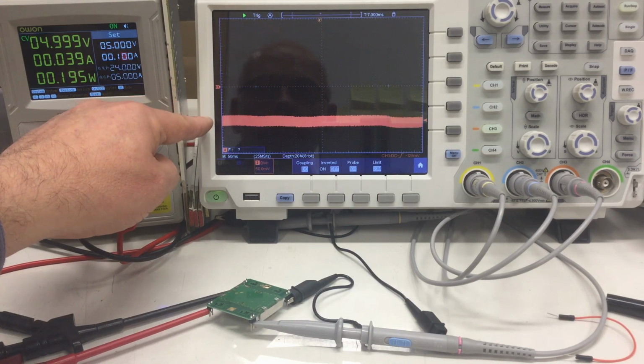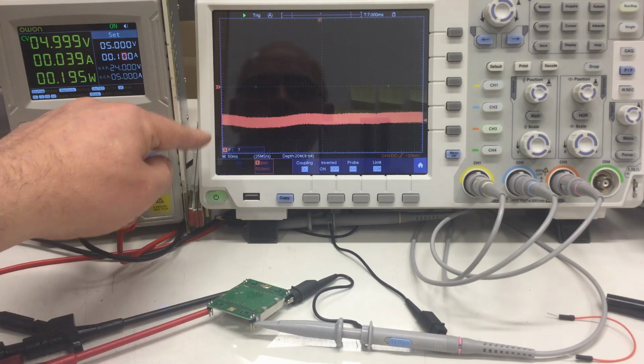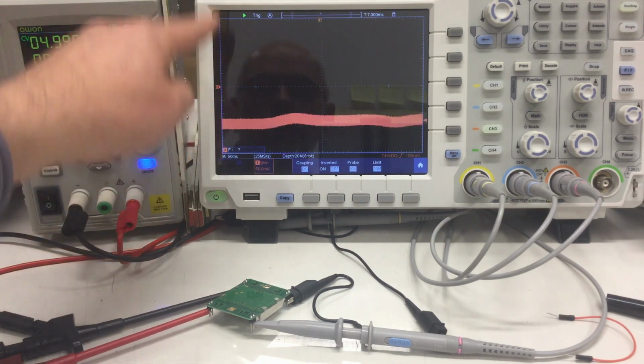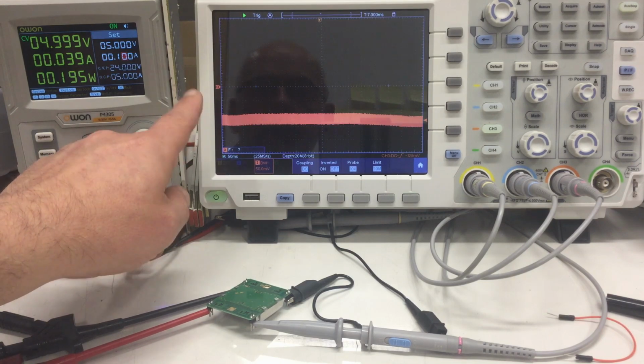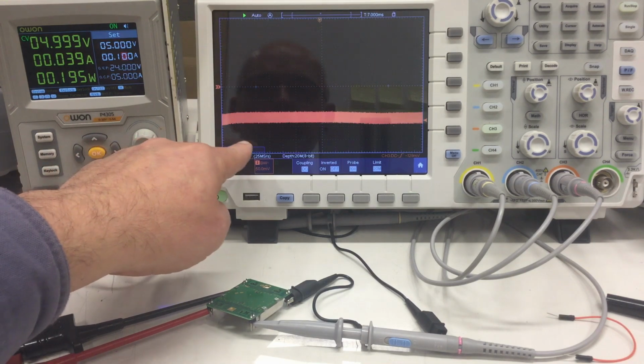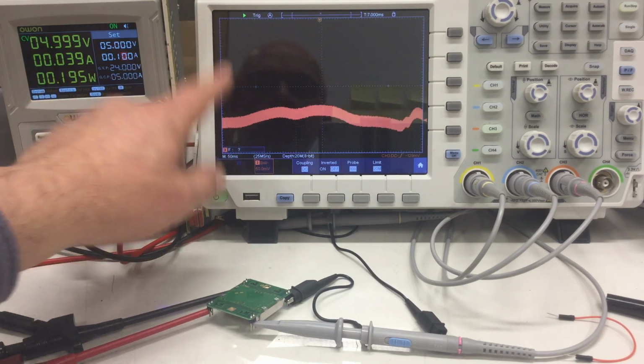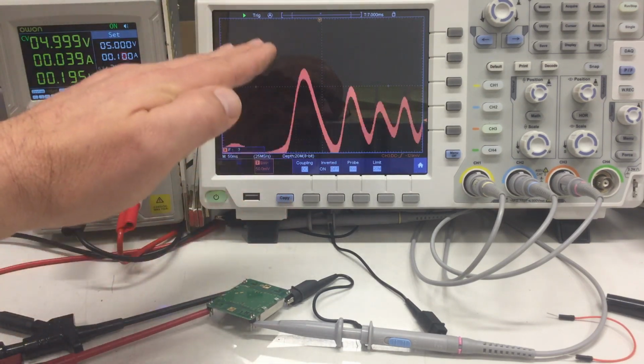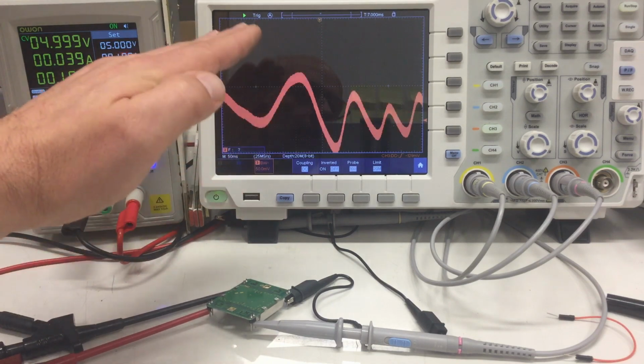So the noise level is 50 millivolts. One division here is currently 50 millivolts on the voltage axis, and on my time scale I have 50 milliseconds per division. And if I wave my hand, I get a signal out of it.